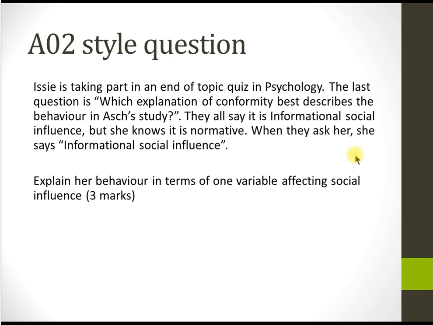The rest of the group all say it is informational social influence, but she knows it is normative. When they ask her, she says informational social influence, in agreement with them. Explain her behaviour in terms of one variable affecting social influence.